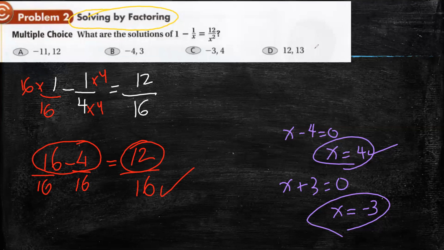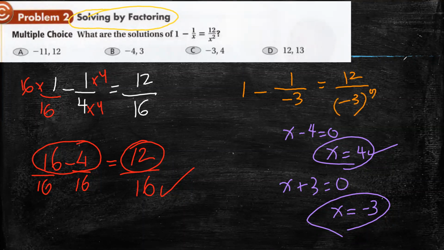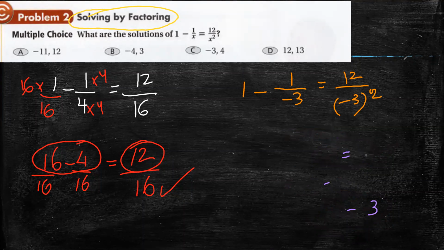Right. Now let's check negative 3. 1 minus 1 over negative 3. Is it 12 over negative 3 squared? Yes, teacher, it will be 12 over 9.